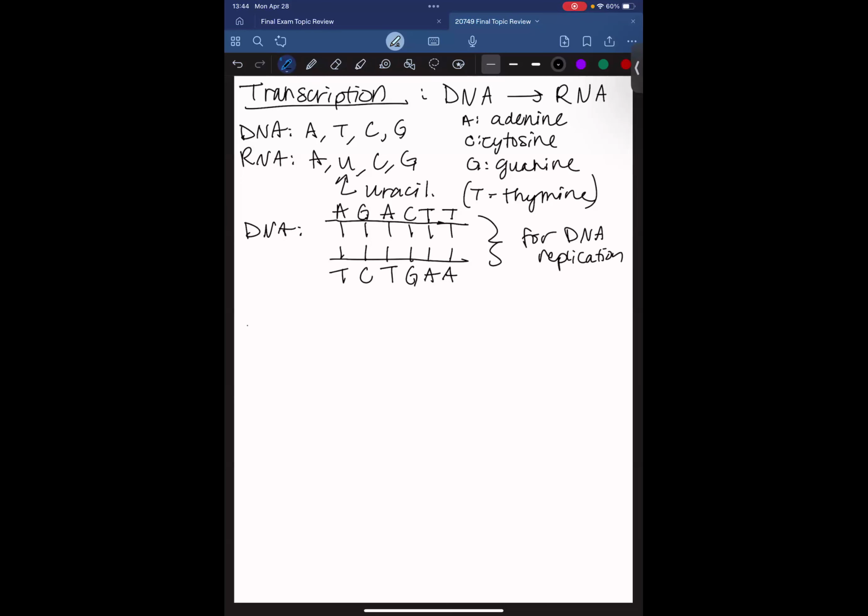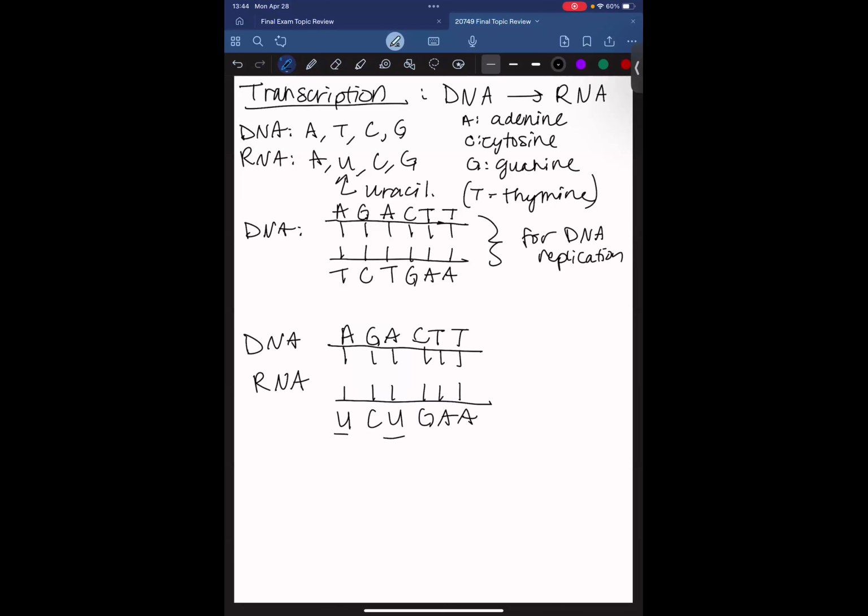But if we are going through transcription, we would have a DNA strand that might be that A, G, A, C, T, T, and then the RNA would use that as a template to make our RNA, which would correspond to it, which would be U, C, U, G, A, A.